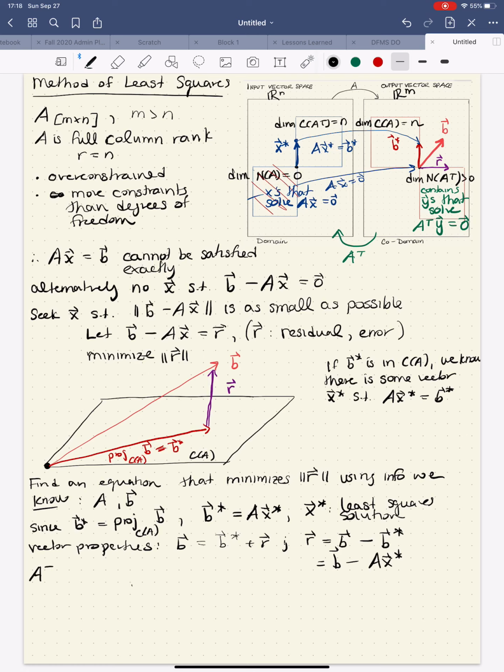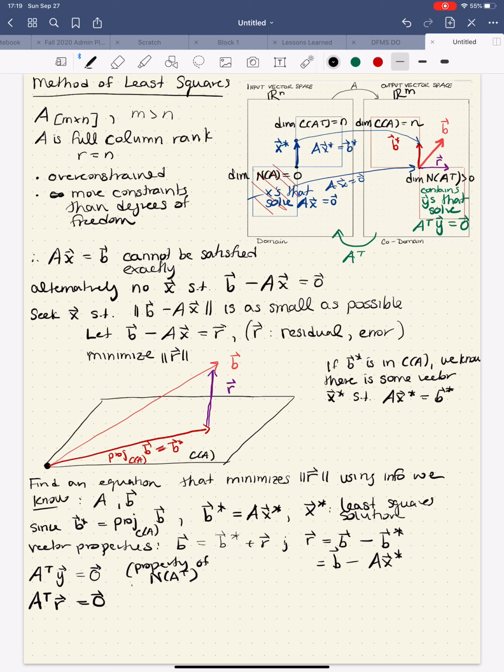A transpose y equals 0. This is just a fact of life, just a property of the null space of A transpose. And y, or R, is in the null space of A transpose. So R is just an example of y. So A transpose R would equal 0 as well.